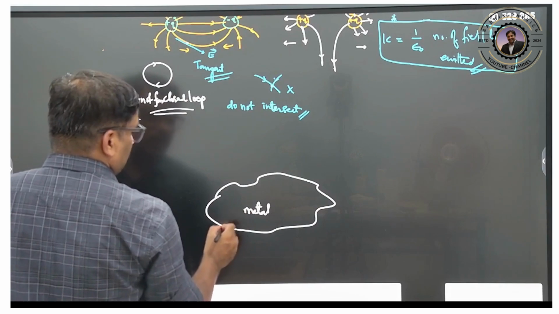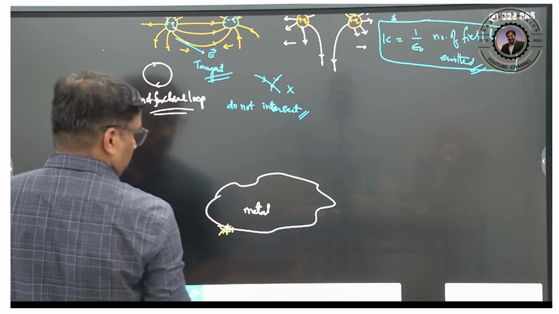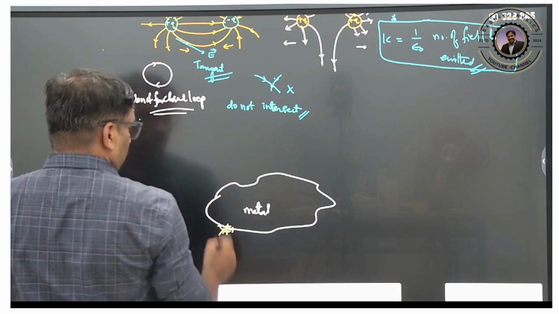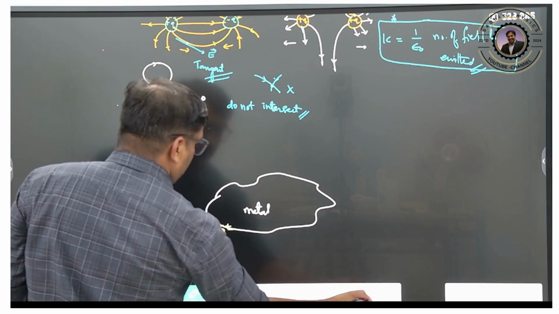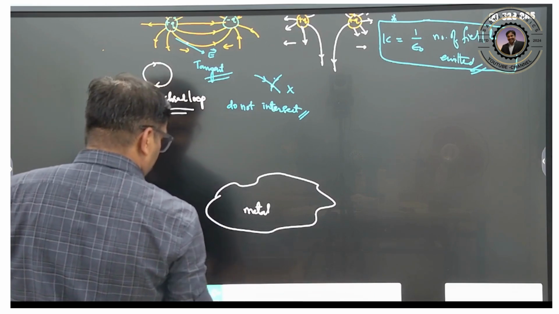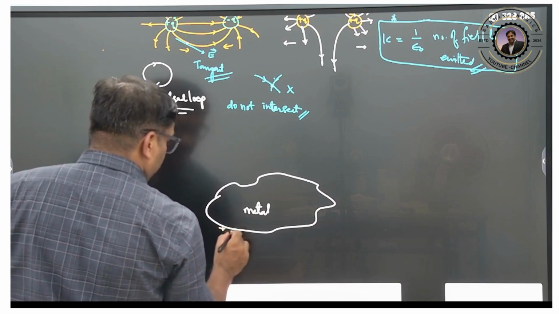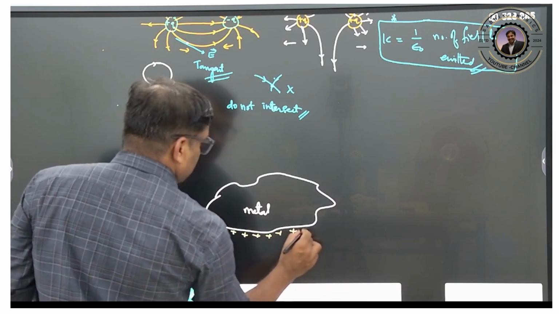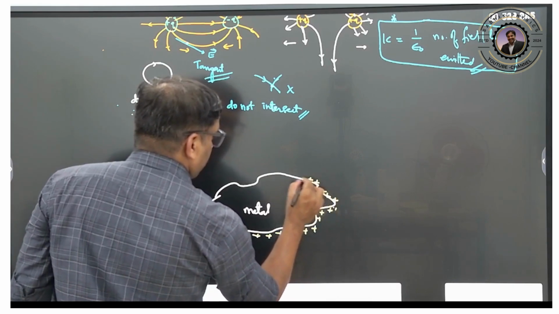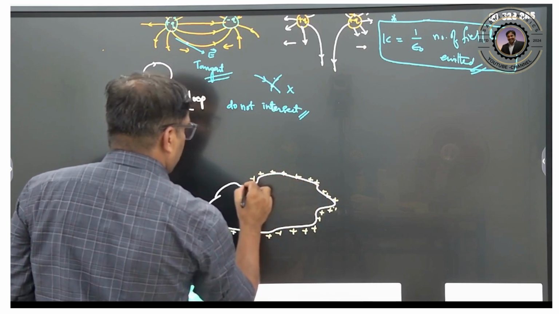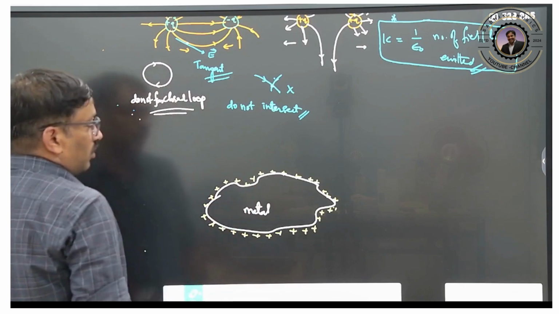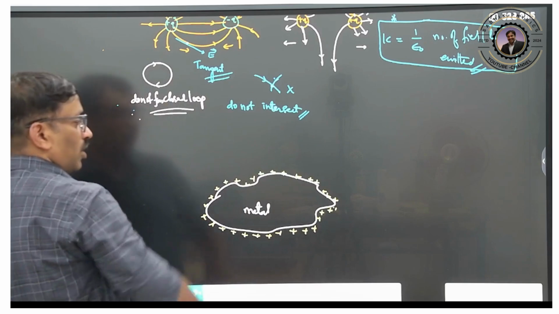Suppose you give a charge at any point here. This charge will automatically get distributed only on the surface of the conductor. Clear? So the charge can distribute only on the surface.